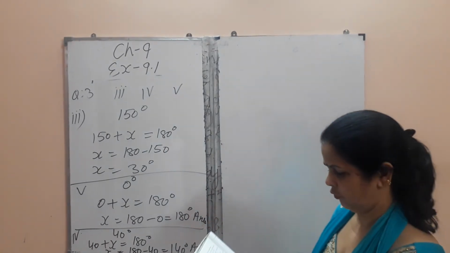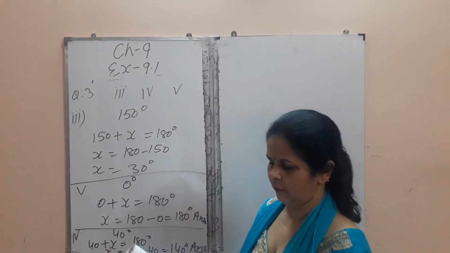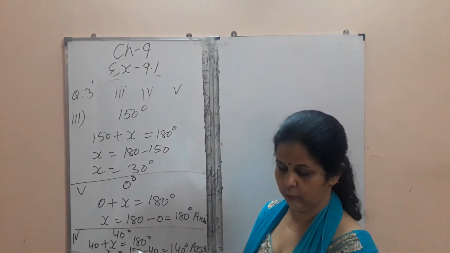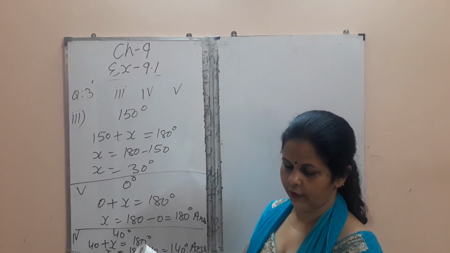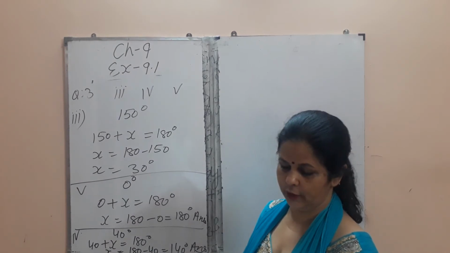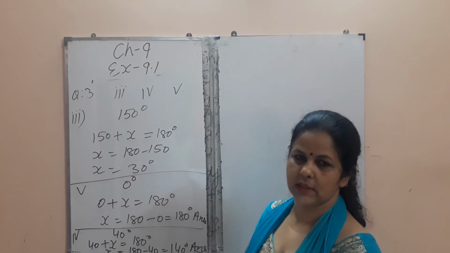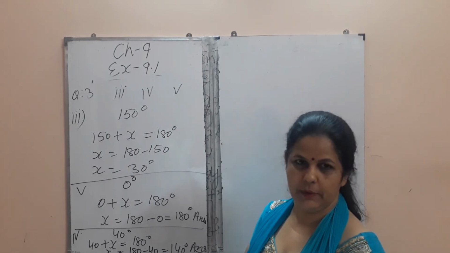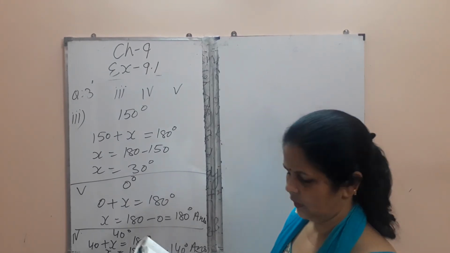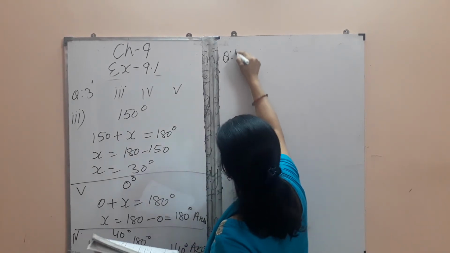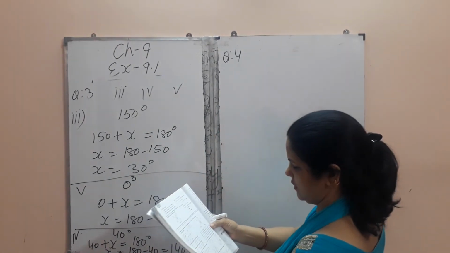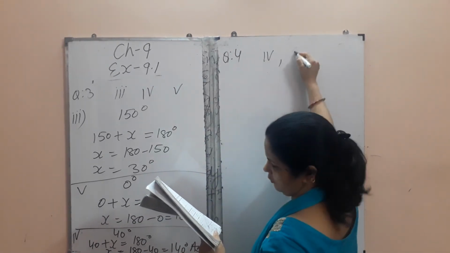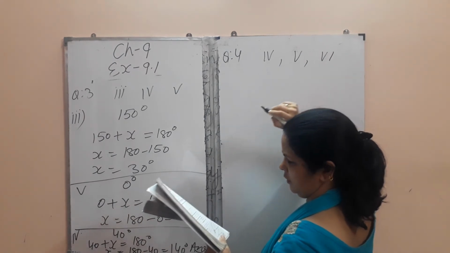Next, question number 4. Identify the pairs of complementary and supplementary angles. In this question we will add both the angles, and if the sum is 90 degrees, it is a pair of complementary angles, and if the sum is 180 degrees, they are a pair of supplementary angles. So this question you do yourself. The parts you have to do are fourth, fifth and sixth.